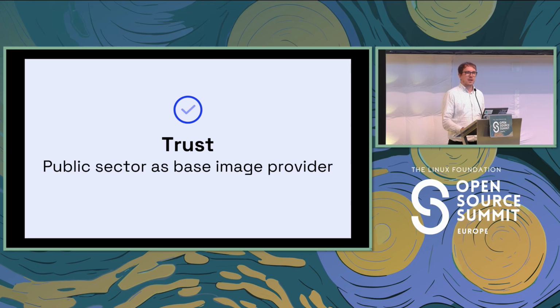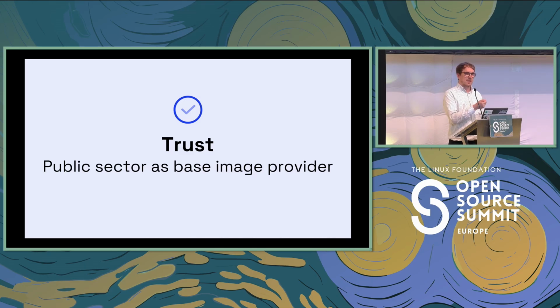So that means building trust as a public sector and going into steps now of being a base image provider. We're currently starting a pilot with first hardened base images for public sector projects in Germany, where our aim is to provide a sufficient amount of base images through OpenCode for the whole sector and help by hardening that with the whole sector.